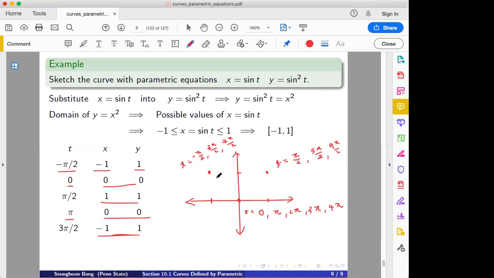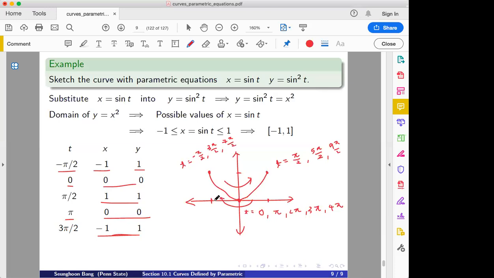So what happens? The graph is exactly one part of the parabola. The point moves back and forth, like so, infinitely often along the curve from minus 1 to 1 and back.